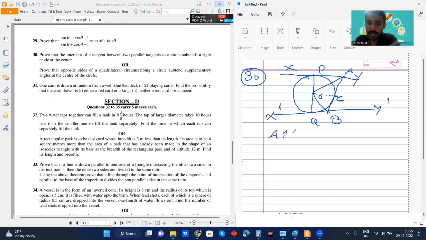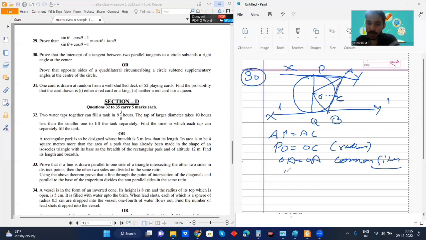So we have AP equals AC, tangents from the same point. Similarly, we have PO equals OC, radii of the circle. We have OA equals OA, common side.